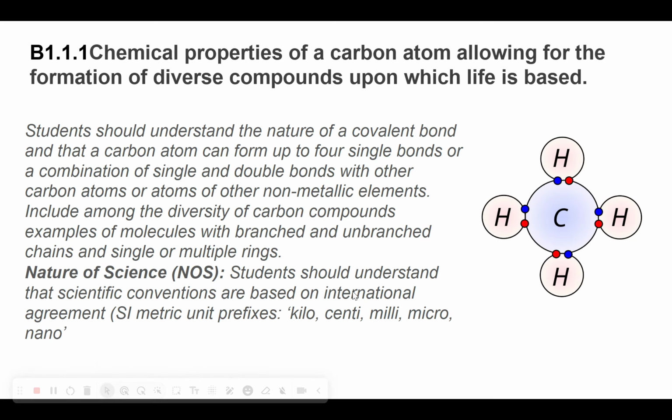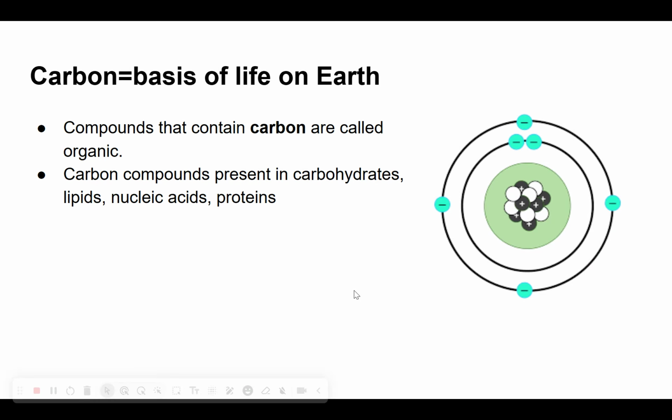All right. Talking more about the basics of carbon, compounds that contain carbon are generally called organic, and carbon compounds are present in carbohydrates, lipids, nucleic acids, and proteins.